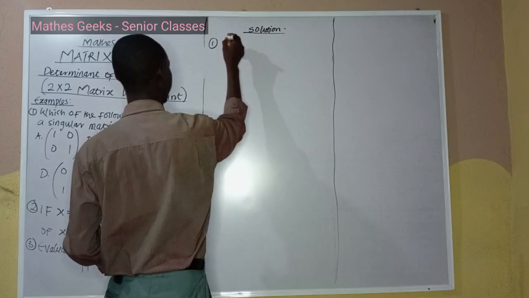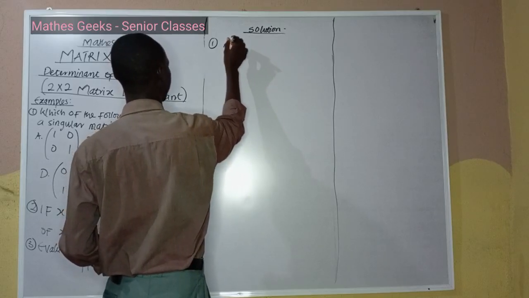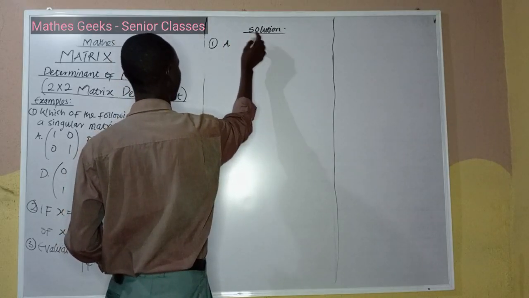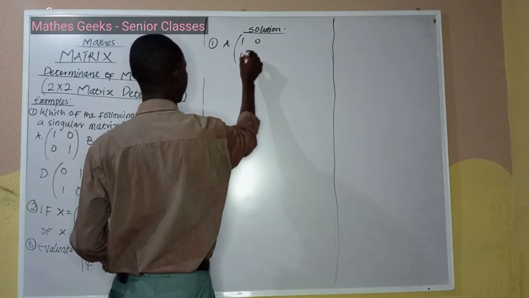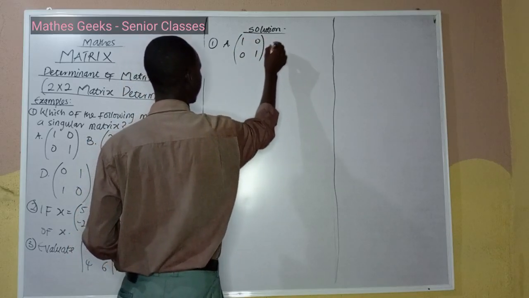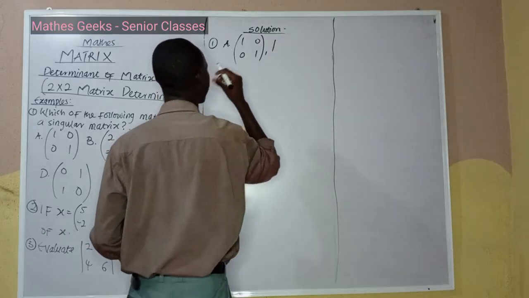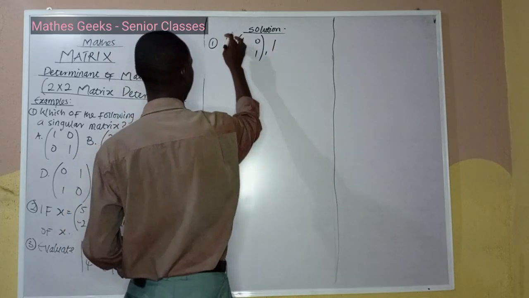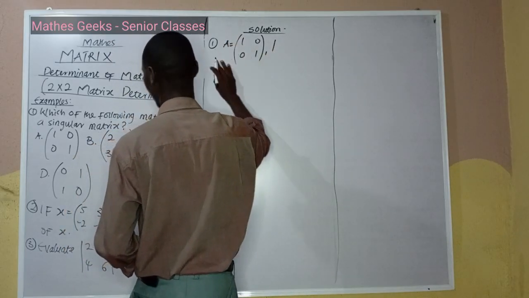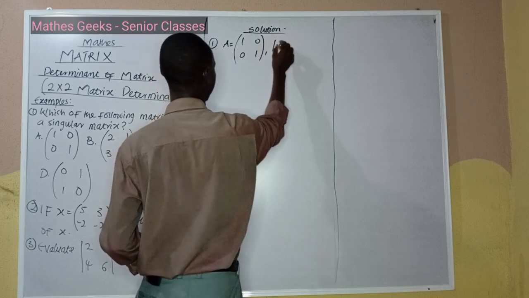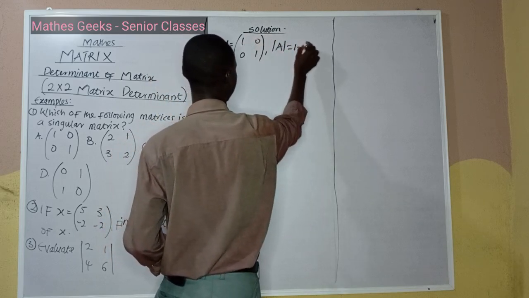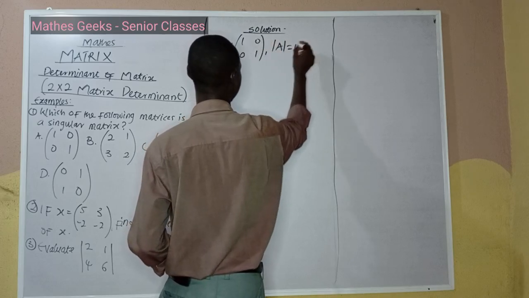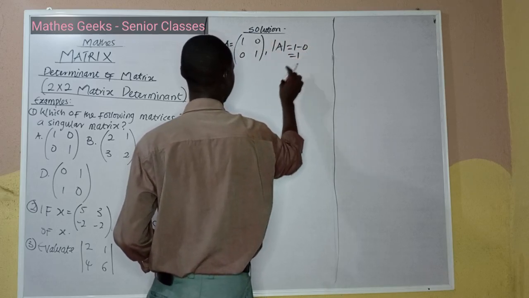Let's see option E, that's 1 0 0 1. The determinant of E is equal to 1 times 1 is 1, 0 times 0 is 0. This will give us 1.